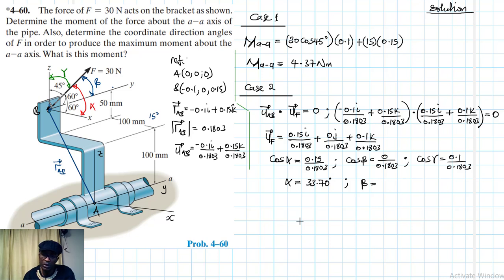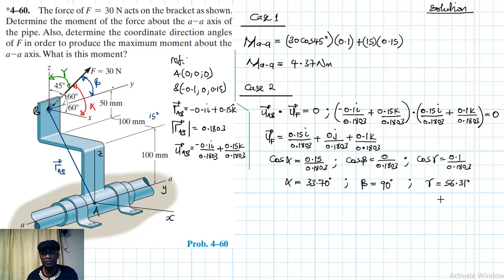Arc cos or cos inverse of 0 is just 90 degrees. Okay, and then gamma is cos inverse of 0.1 divided by 0.1803, which gives us 56.31 degrees. Okay, let me just check this one once more.